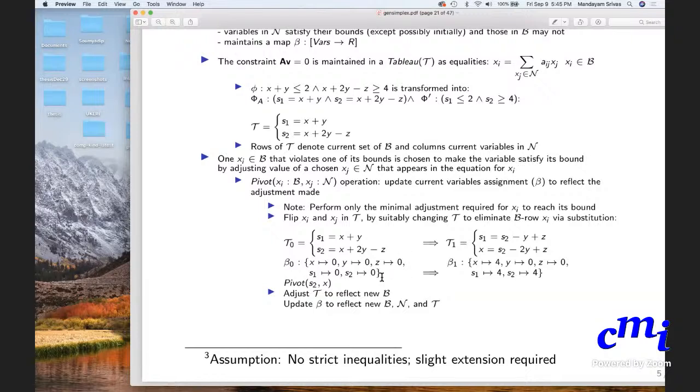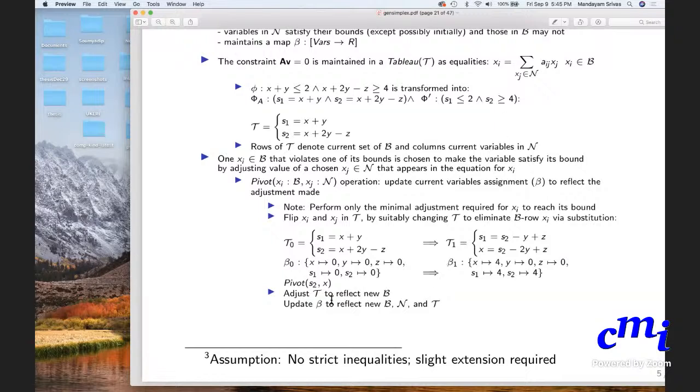As I said, it always adjusts the value of the non-basic variable in such a way that the basic variable meets its bound constraint by becoming equal to one of its bounds.